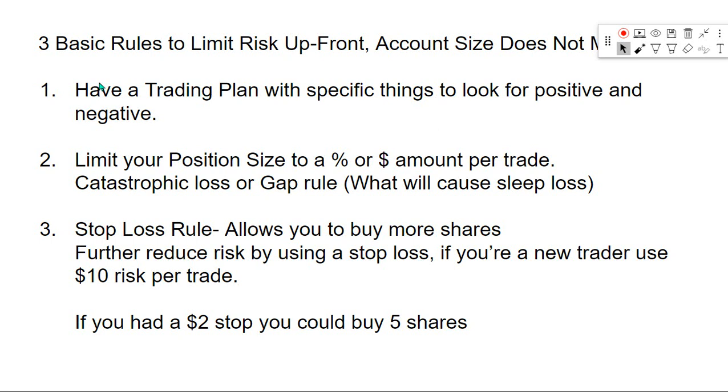This further reduces your risk by using stop loss. If you're a new trader, try using $10 risk per trade. For example, if you had a $2 stop under your purchase price, you could buy 5 shares, right? So $2 stop loss times 5 shares would give you $10 risk.